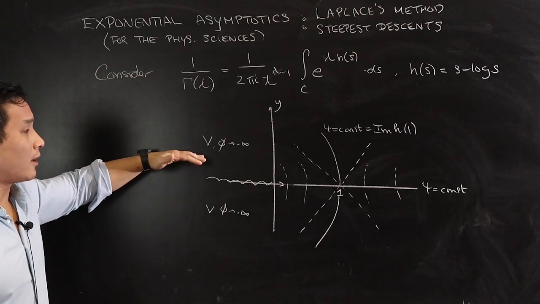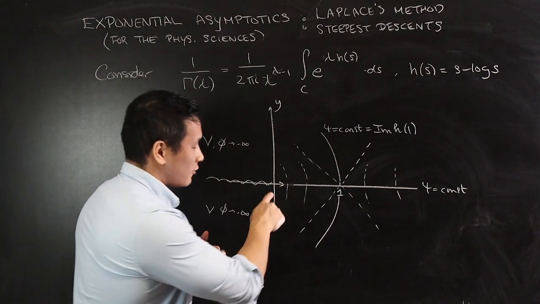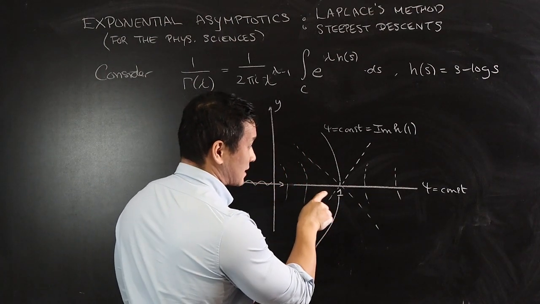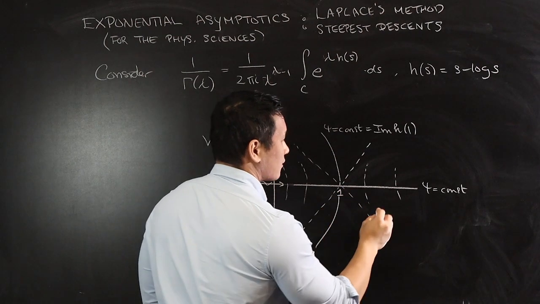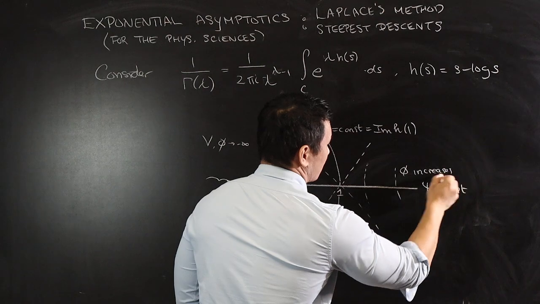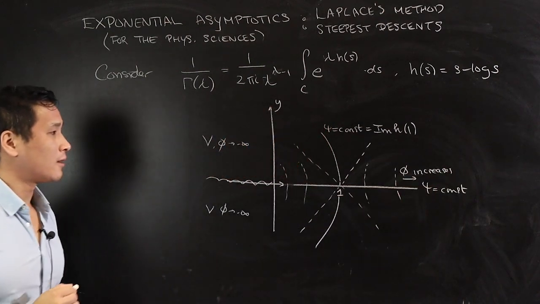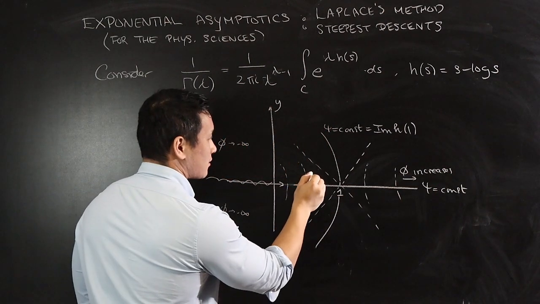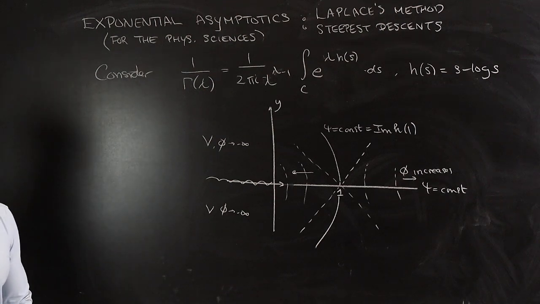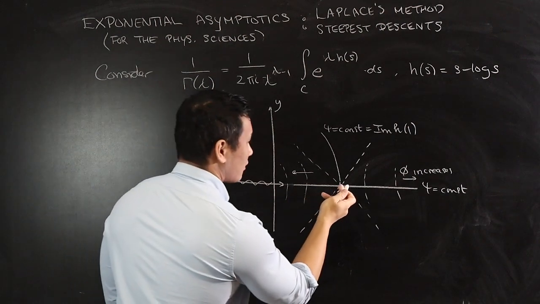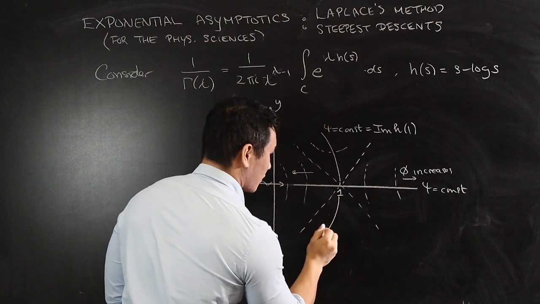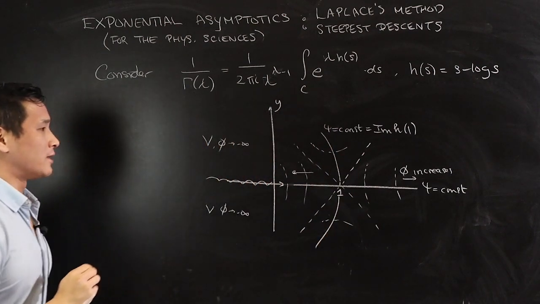Okay, and then what you'll notice if you examine the contours here is that basically the value of phi increases in that direction, and phi increases in that direction as well. Okay, but then going up in this direction, so the dashed lines as well will intersect perpendicularly.